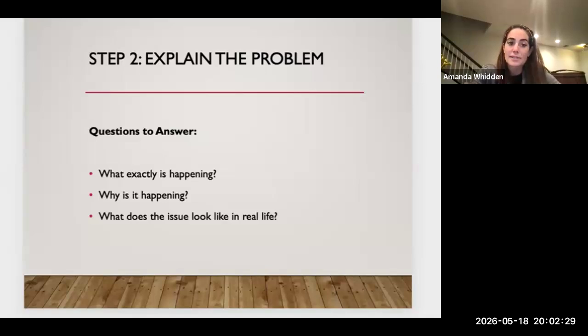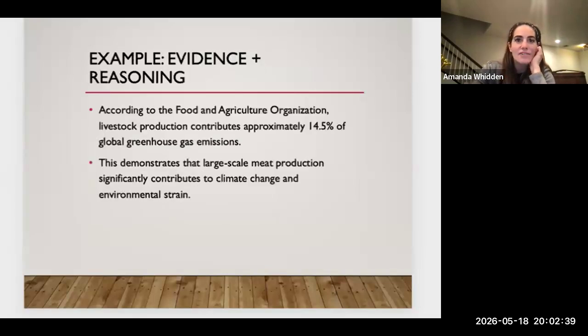What this will eventually do is set the context for your evidence. Once you explain your problem, you must provide us with some kind of evidence and reasoning to go along with that. Going back to evidence and reasoning, look back at the Toulmin example. All that evidence is, which we know from our informative speech, is support from outside sources who are experts or individuals who have specific experience in the field.